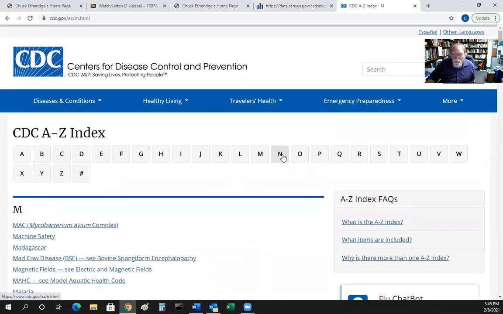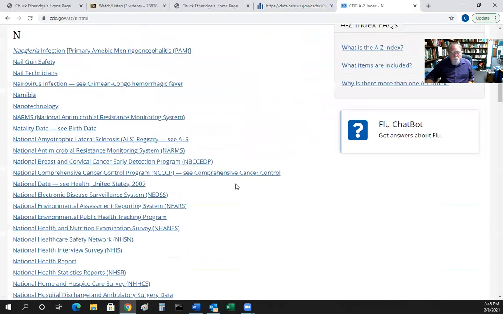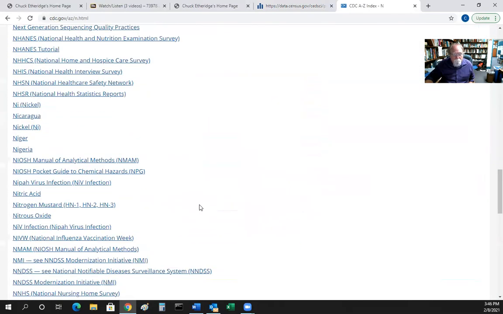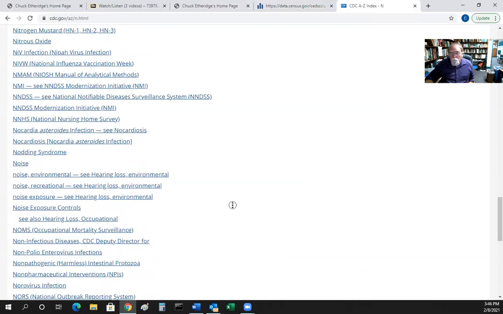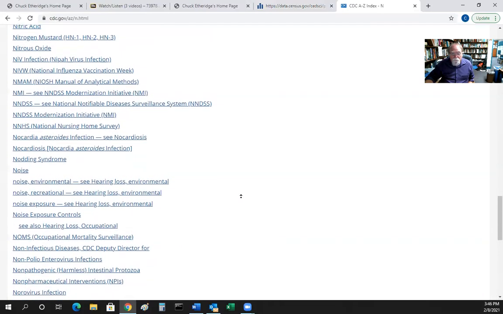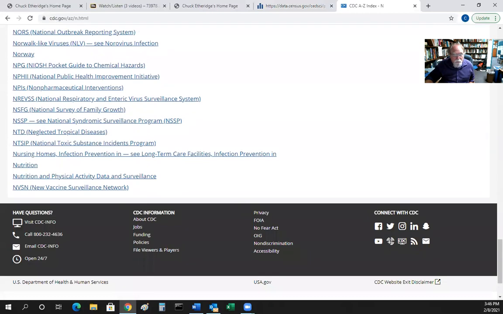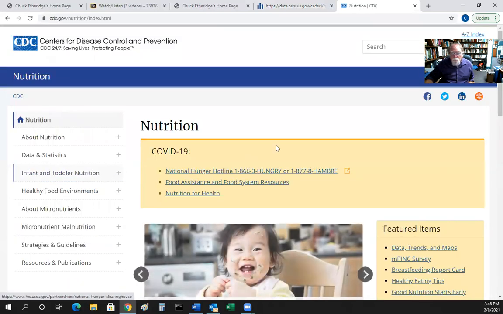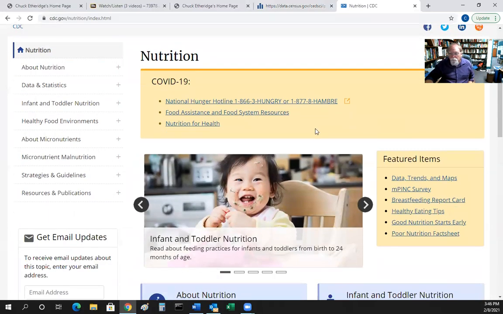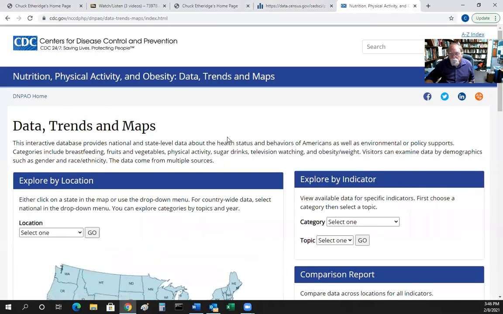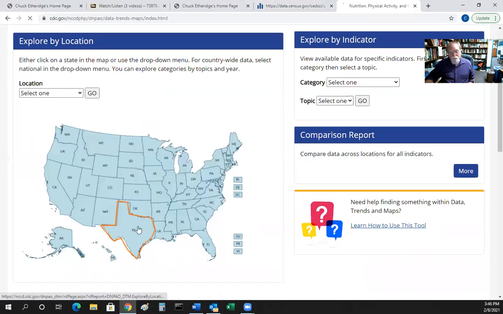So let's look under an N for nutrition as well. So I'm rolling down, and remember, I got on the A to Z index, which is on the front page of the CDC database. Nutrition. Okay, so let's look at nutrition. Let's look at a few things. Let's look at data, trends, and maps. So let's click on Texas.